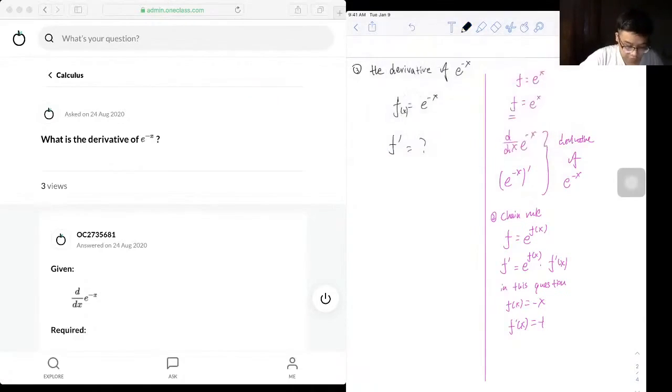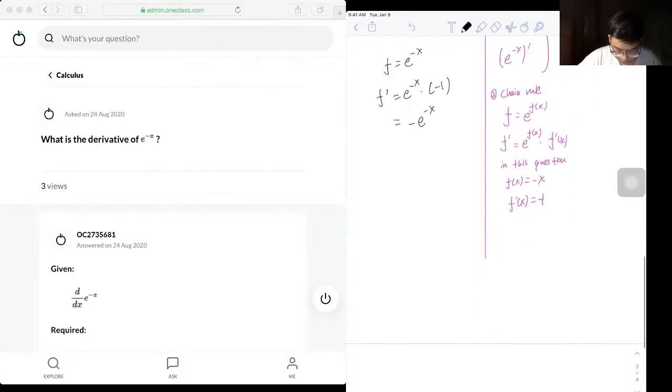So coming back to the question, if f is equal to e to the power of negative x, then the derivative of e to the power of negative x will be e to the power of negative x times the chain rule, which in this case will be negative 1. So our answer will be negative 1 e to the power of negative x.